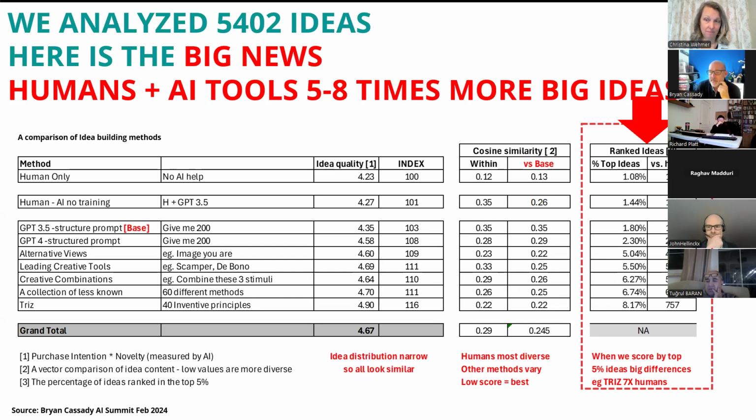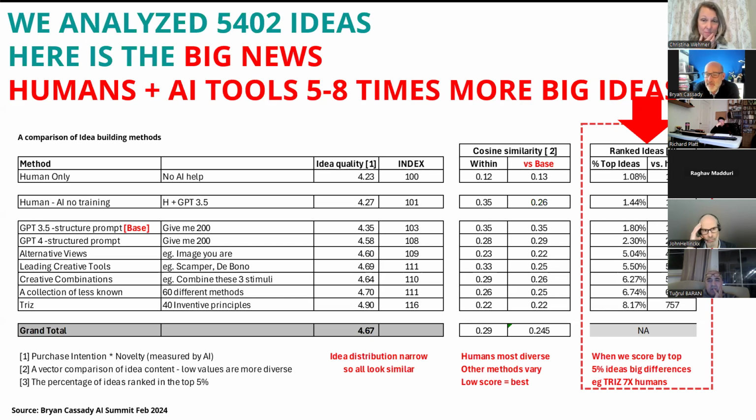But the real thing that's cool is when we look at the percentage of top ideas generated by each group. Human beings hit 1 top idea per 100, 1% of their ideas. Human beings working with AI get 1.5. Human beings working with a good target, the true north, get about double that.